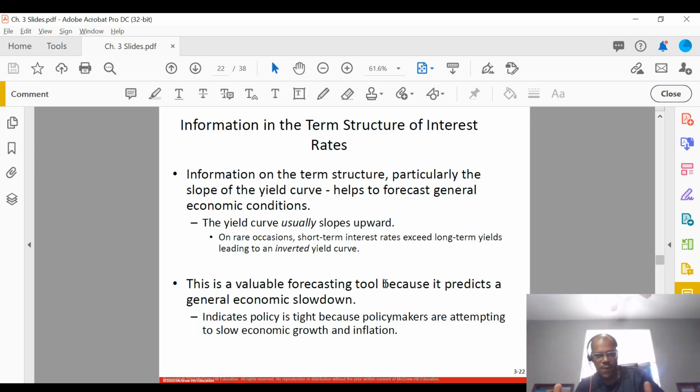So let me stop there for a moment. How this works. Interest rates usually move with economic growth, generally speaking. When there is robust economic growth, interest rates tend to increase.